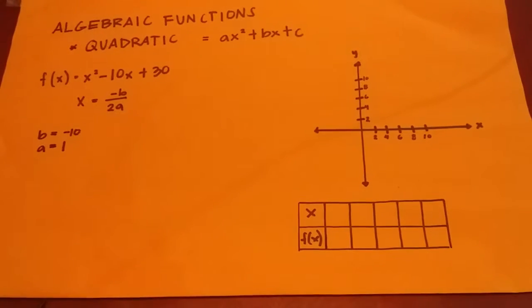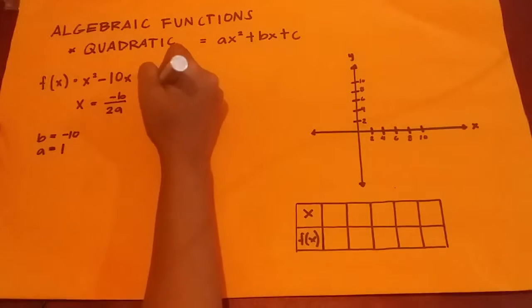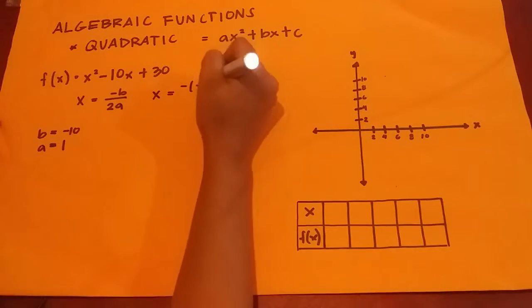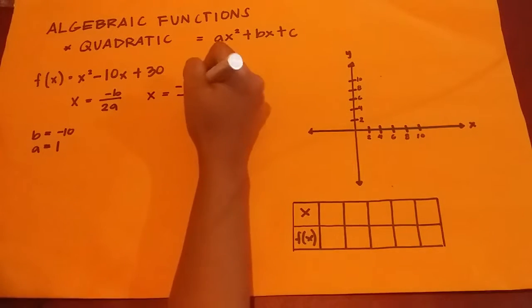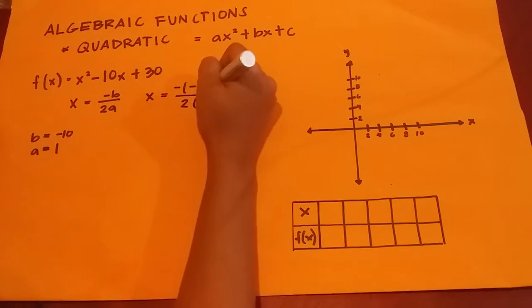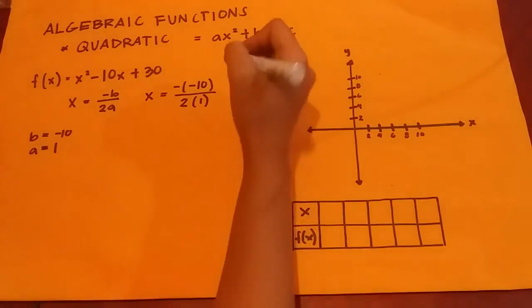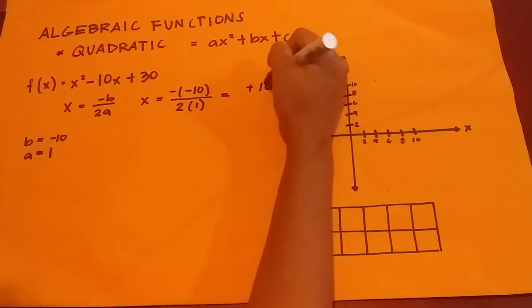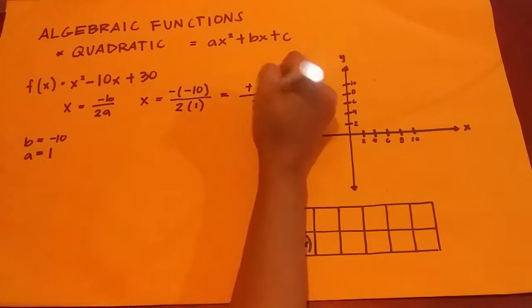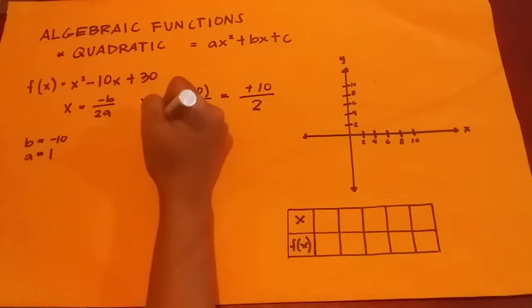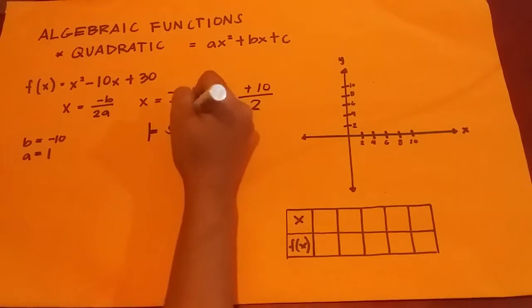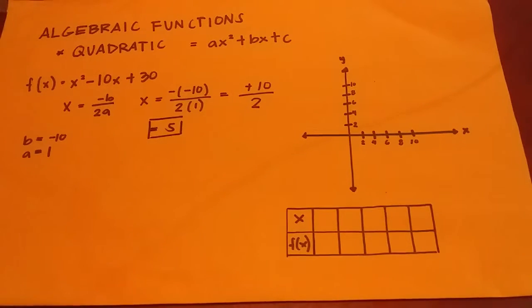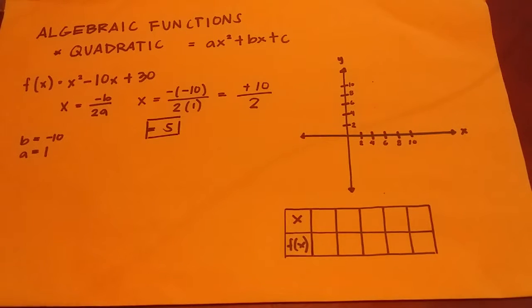Let's plug in the values. So my axis of symmetry is 5.